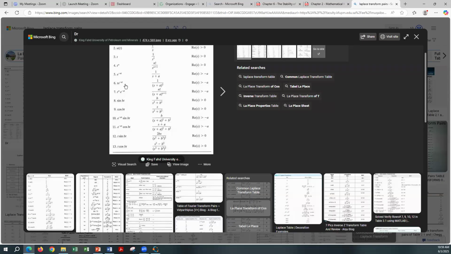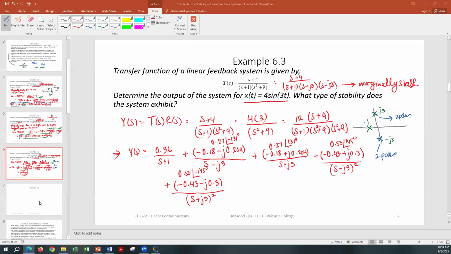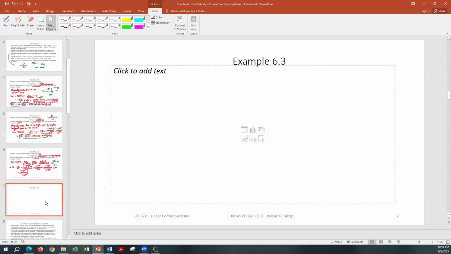The sixth pair: t e to the power negative alpha t, 1 over s plus a squared. Let's go to the next page.